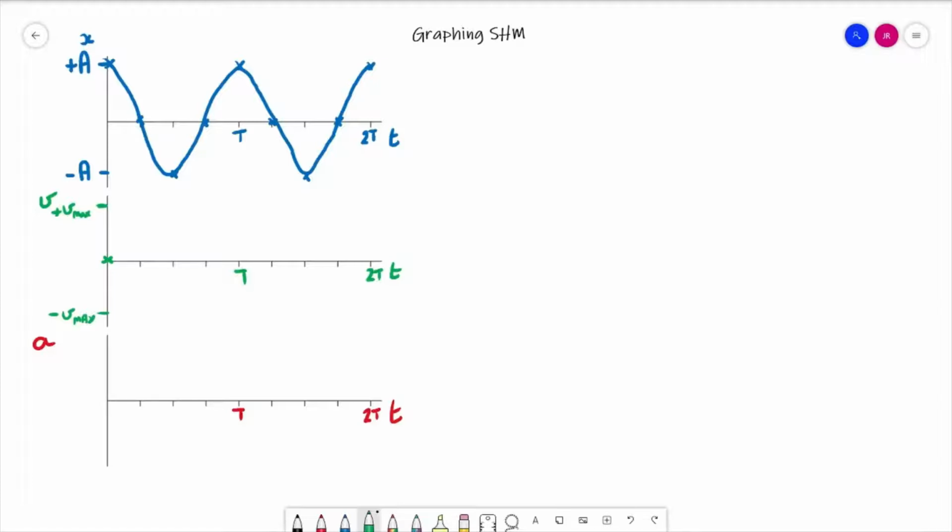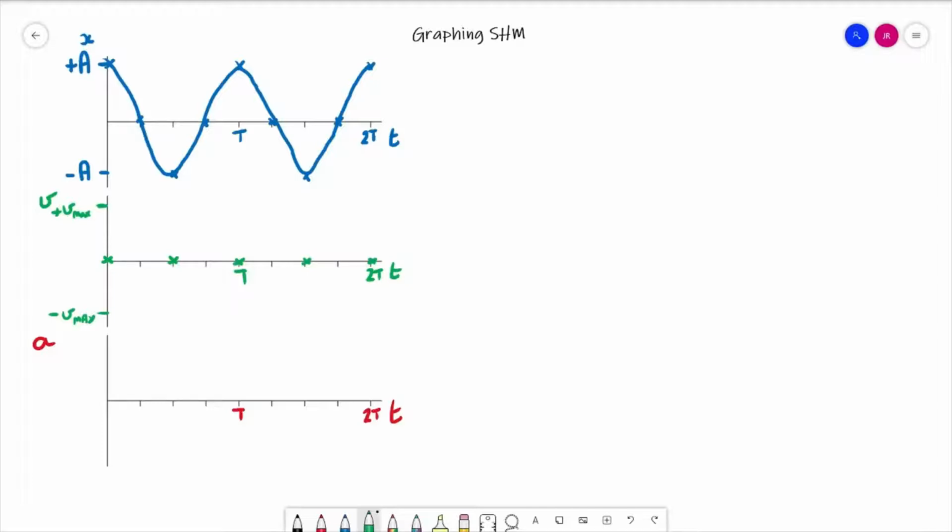So immediately whenever we get an extreme point, an amplitude point, we can mark on our graph that velocity is going to be 0. So those points there are where V is equal to 0.